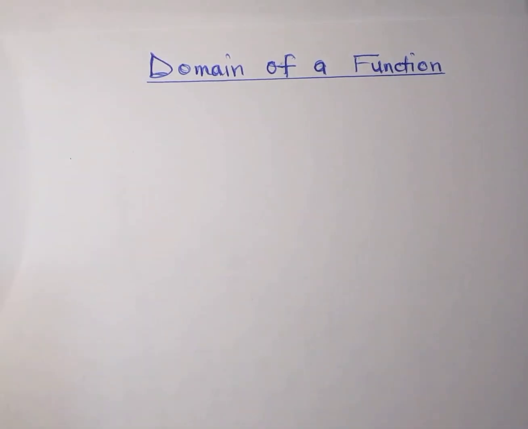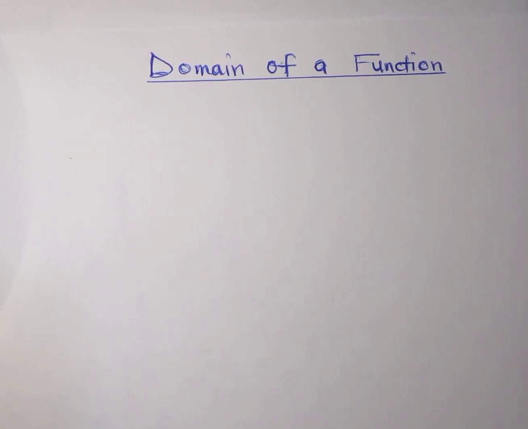So here we are going to look at how, when you are asked in a question to state the domain or state the largest possible domain of a given function, you are going to do it. Now you know that for functions, we have various types of functions.